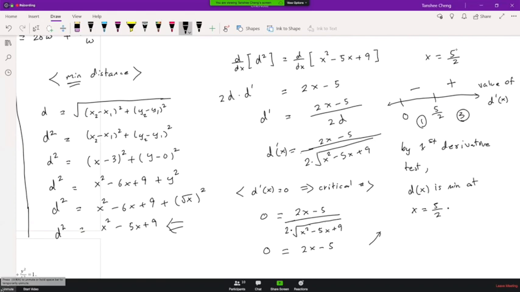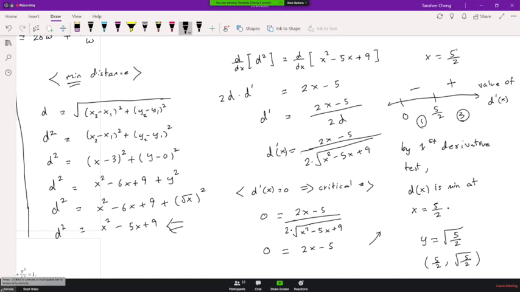And the question is asking to find the point on the curve. So therefore, what do we need to do? We need to find the ordered pair. So I got the x coordinate already. On the curve, to get the y coordinate, I basically substitute this 5/2 for x. So y will be square root of 5/2. So I have the ordered pair 5/2 comma square root of 5/2.